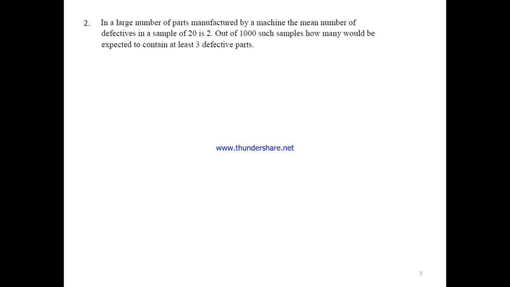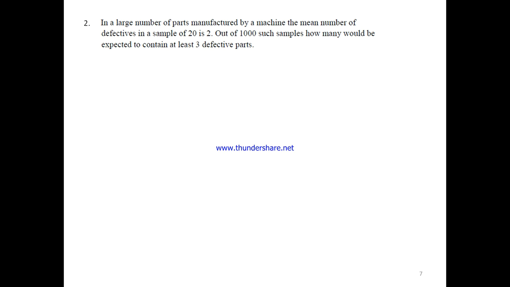The given problem is: in a large number of parts manufactured by a machine, the mean number of defectives in a sample of 20 is 2. Out of 1000 such samples, how many would be expected to contain at least 3 defective parts?